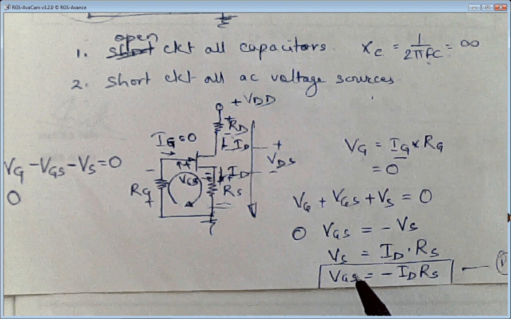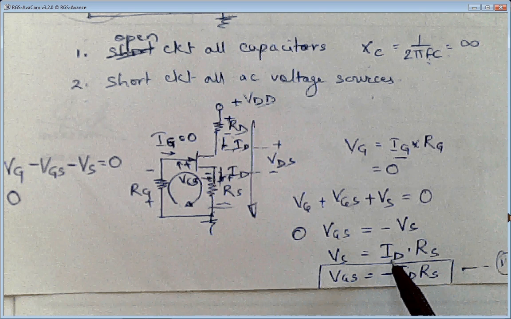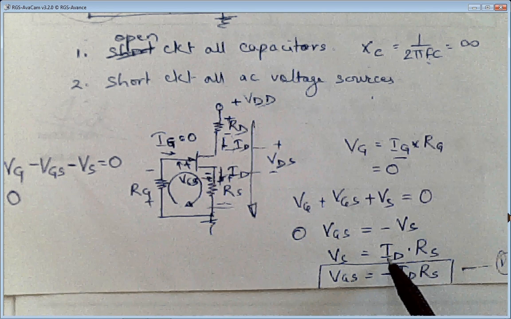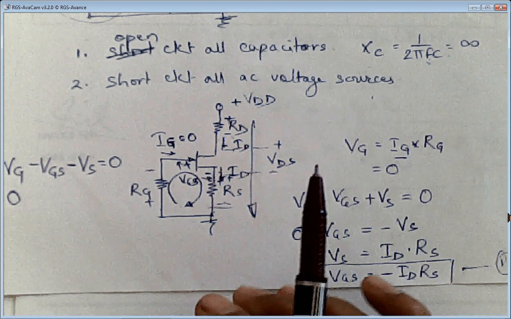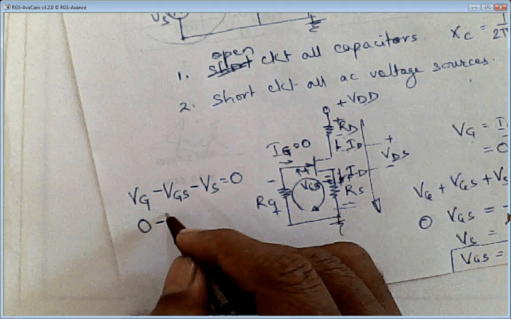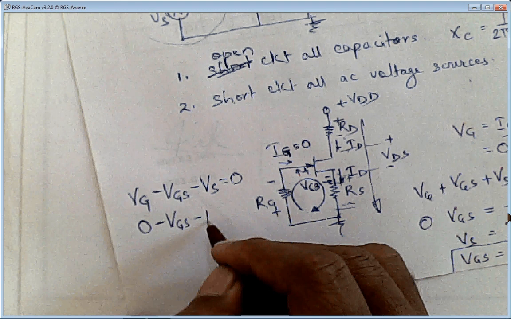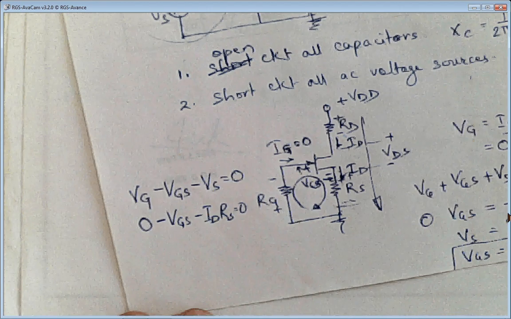Now remaining only these 2 components, which are Vgs and Vs. If I want to write Vs, how will I write it? Vs will be equal to Id into Rs. So putting that value Id into Rs in this equation, we'll be getting minus Vgs minus Id into Rs equal to 0. So this is the equation we have got.